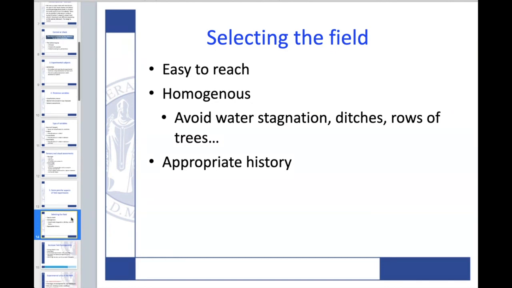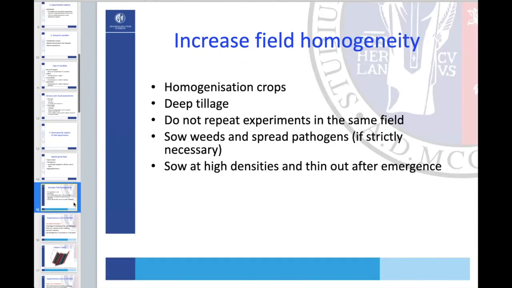What we do very often to increase field homogeneity is, for example, to use a previous homogenization crop, for example forage, or oat, some crops which use a lot of nitrogen so that the soil is not that fertile.